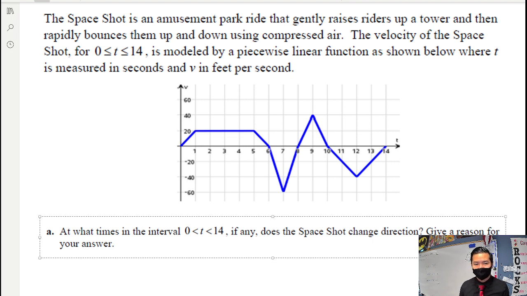Pretty sure you're done. Hang on. This graph. I'm trying to nail it.